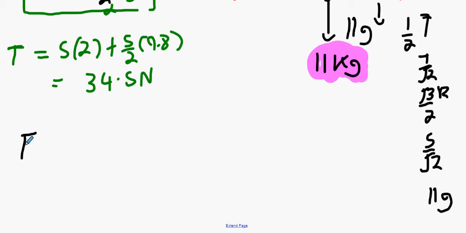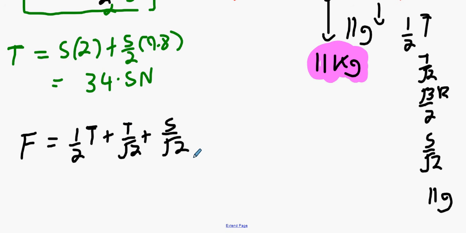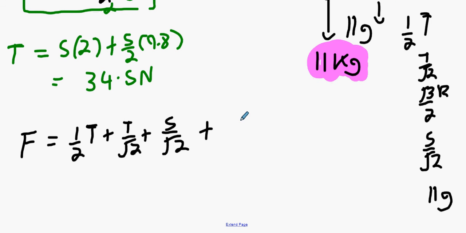So the overall force is a half T plus T over root 2 plus S over root 2. I forgot one of the S's, didn't I? No, I didn't forget one of the S's. Balanced with the R. Plus 11g.